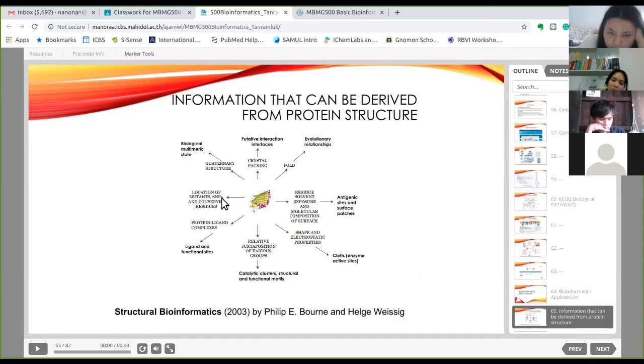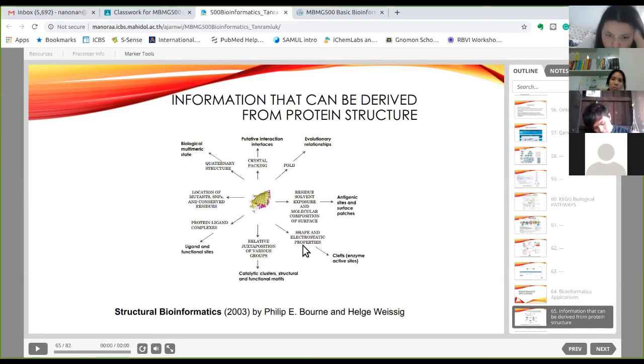You can know the location of mutations, SNPs, and conserved residues from knowing the protein structures. You can also know the protein-ligand functional site, where the protein and ligand interact and at which amino acid locations. You can learn about the catalytic function motifs inside the pockets.